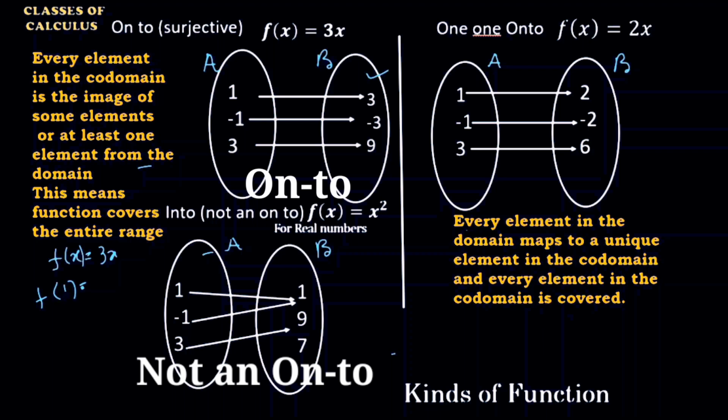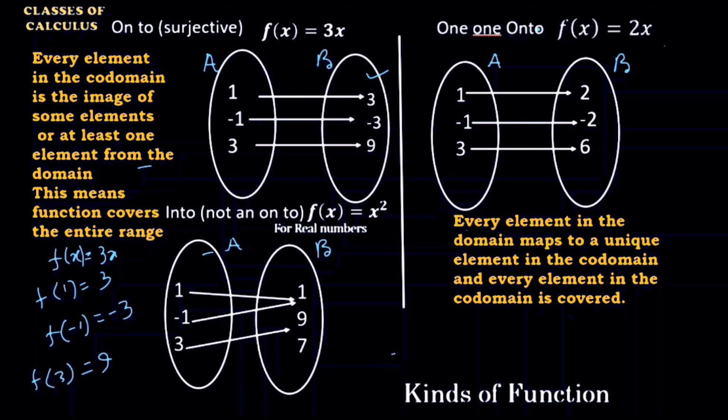So f(1) will be your output value and it will be 3. f(-1) will be -3, and f(3) will be 9. So see here, your input values cover the entire range. No element in the codomain is left out. This type of function is an onto function.